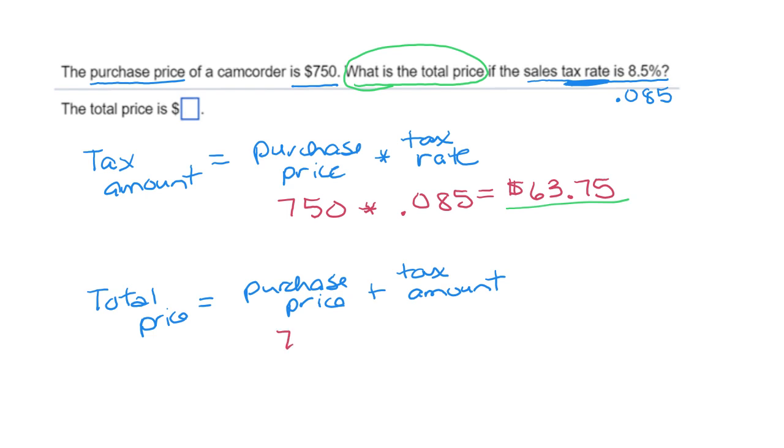So we're having $750 plus the $63.75 in taxes, and you will have $813.75.